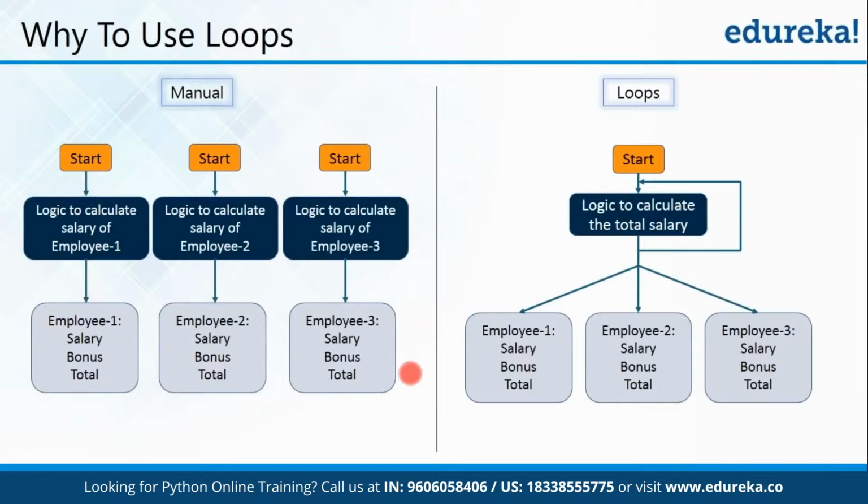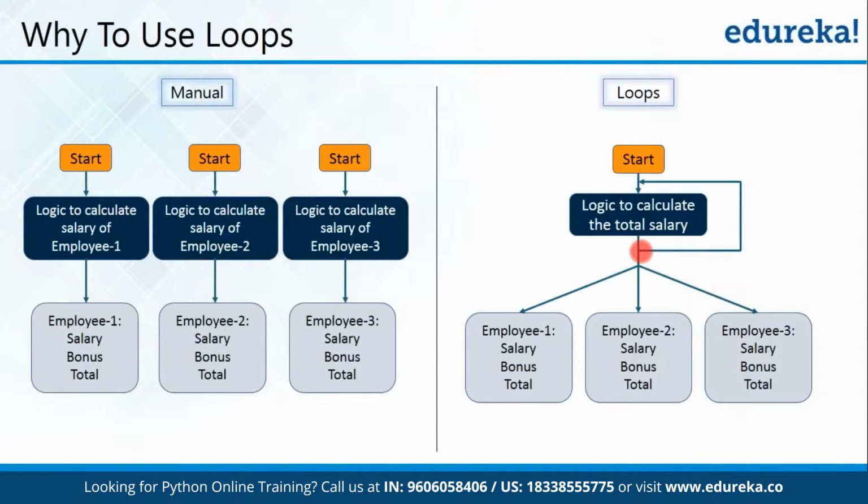Another way of approaching this task would be to write the logic to calculate the salary and keep on iterating that logic for the total number of employees. When this loop runs once, it'll print the salary of the first employee. When the loop runs the second time, it'll print the salary of the second employee. Similarly, it'll keep on repeating, so if you have 100 employees, it'll repeat 100 times.